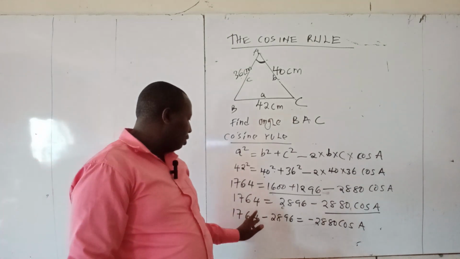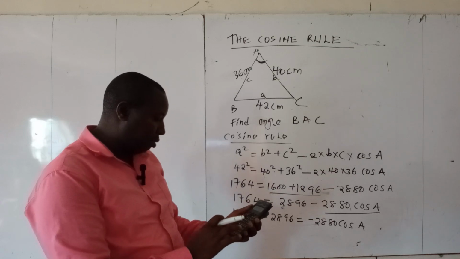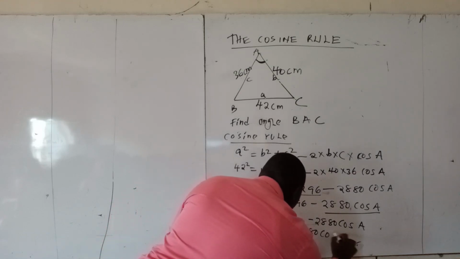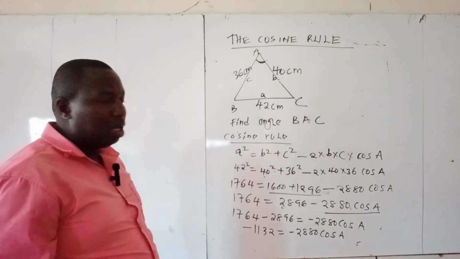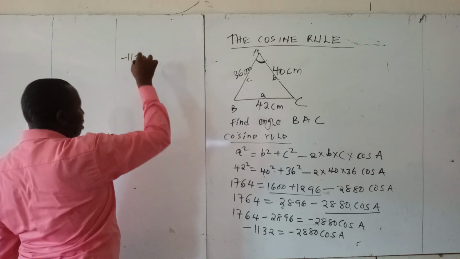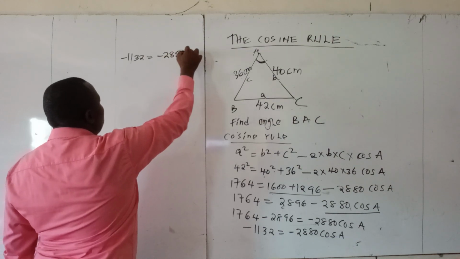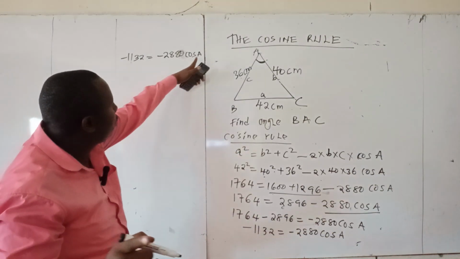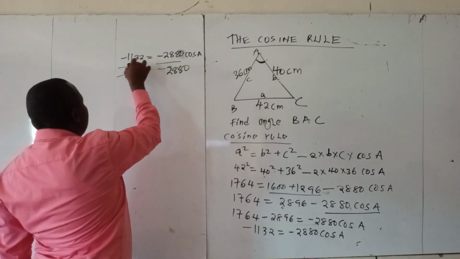So take 1764 minus 2896. That comes to minus 1132, equal to minus 2880 cos A. Now, because you need the angle, for it to be left with cos A, divide both sides by minus 2880.